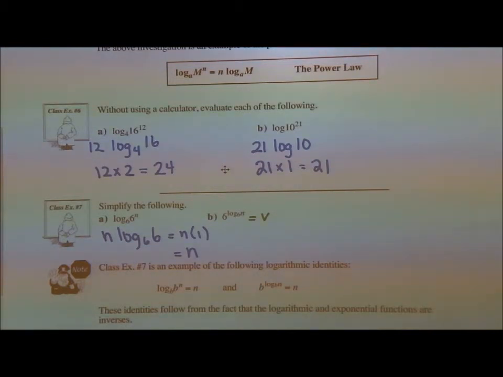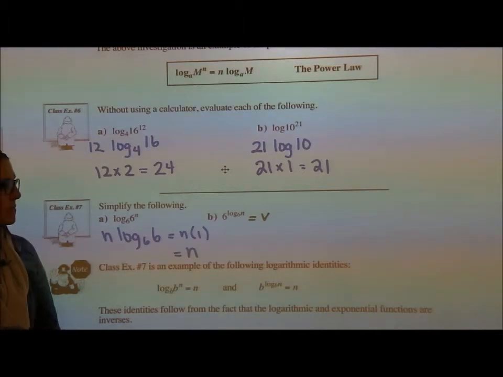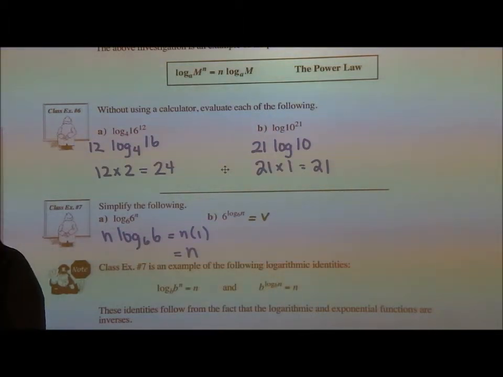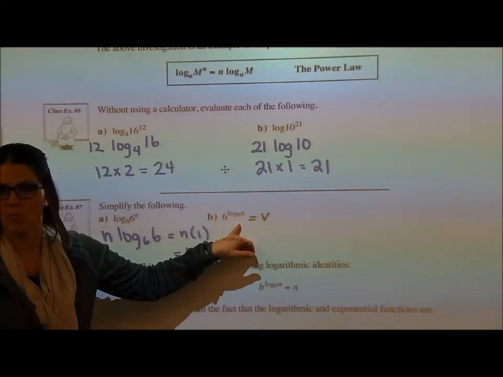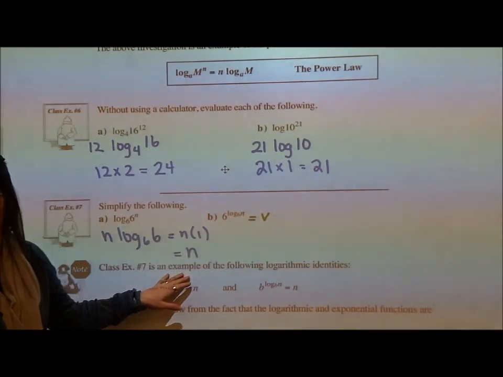Now I'd like you to write that in logarithmic form. How would I bring the exponent down? What would I have to do to bring that exponent down?